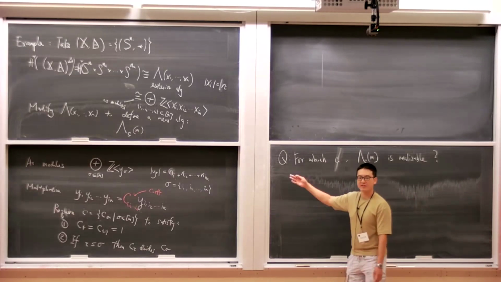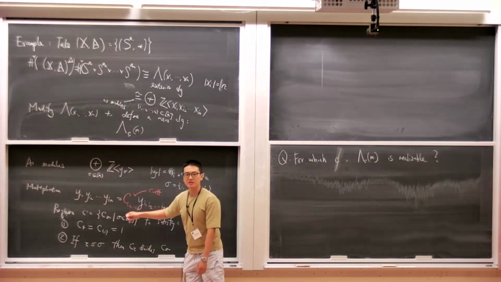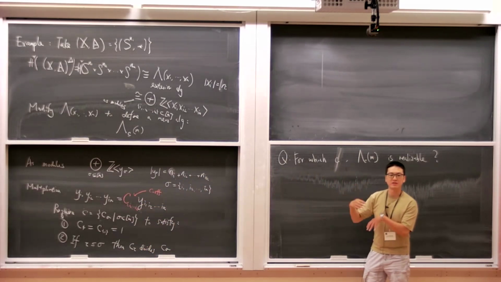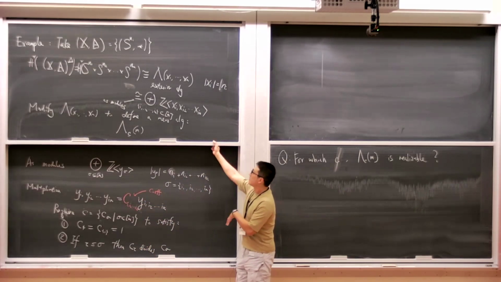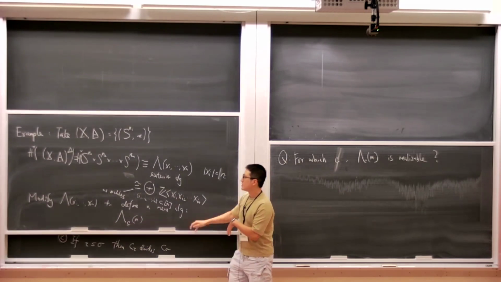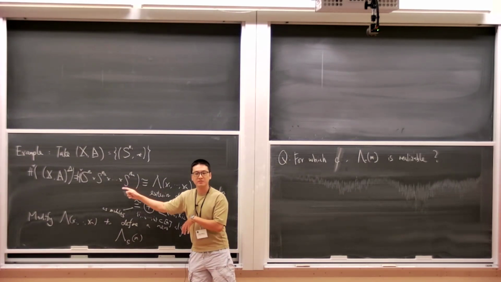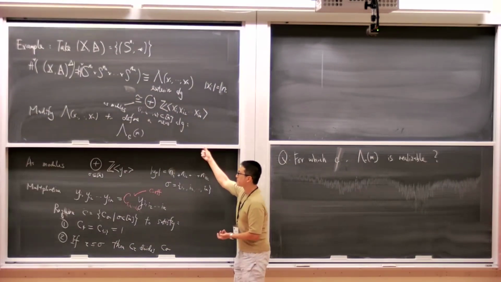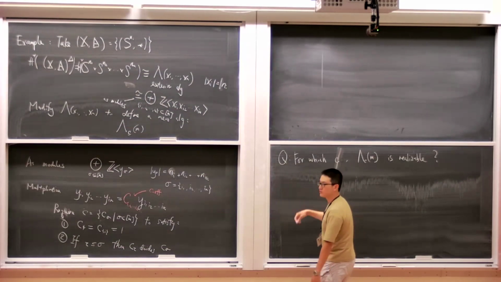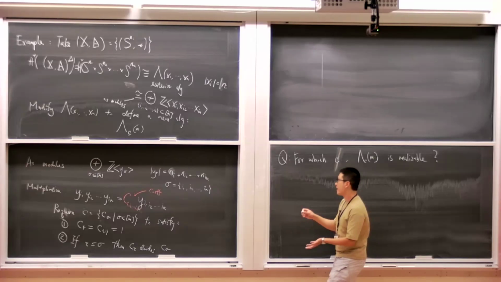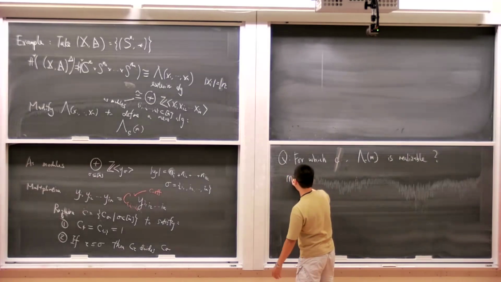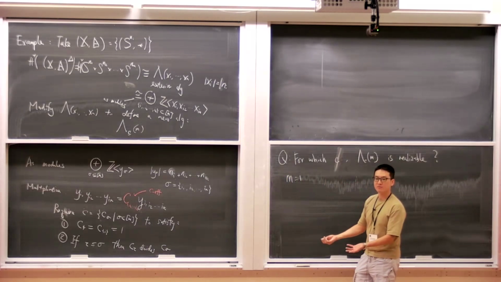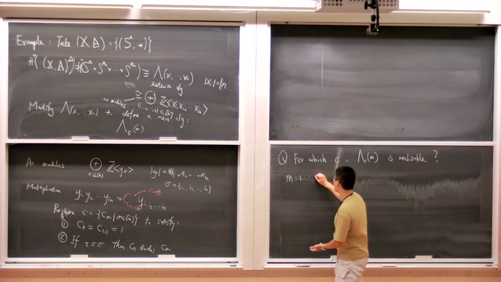For example, if you take all the coefficients C to be equal to 1, then the algebra just recovers the usual exterior algebra, which is the cohomology of the product of spheres. Of course, this is realizable. Let's try some easy cases. For example, when m equals 1, this algebra is always an ordinary exterior algebra, and of course this is realizable.